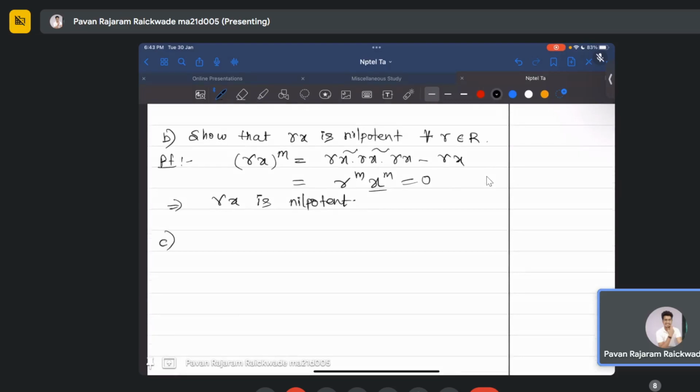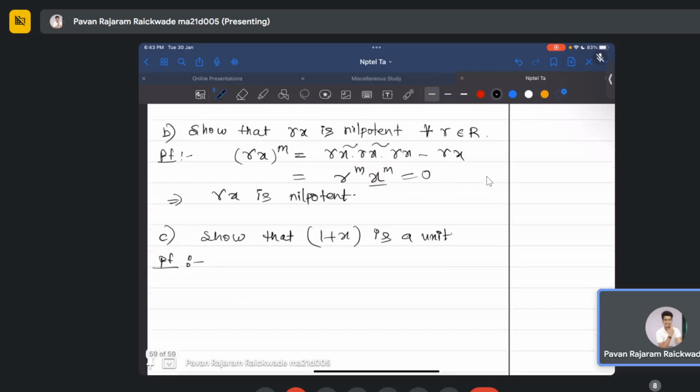So part C is show that 1 plus x is a unit. So what is a unit? An element which has a multiplicative inverse. Okay. So how do I show that 1 plus x is a unit?